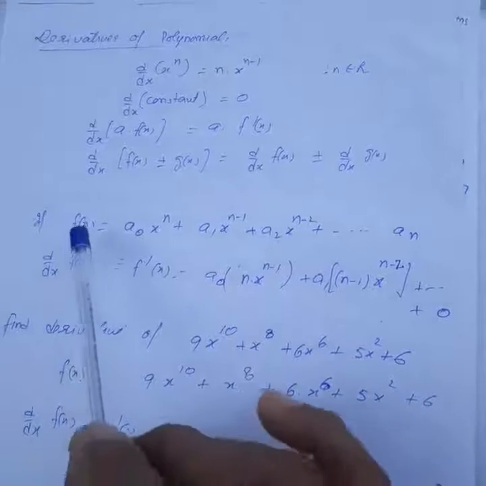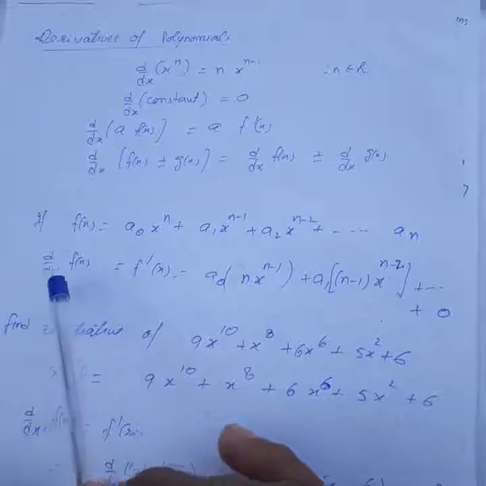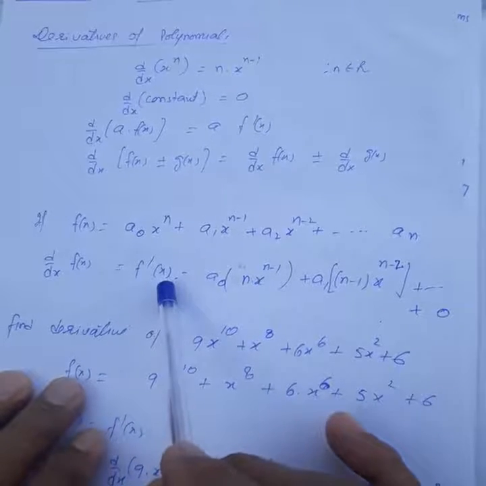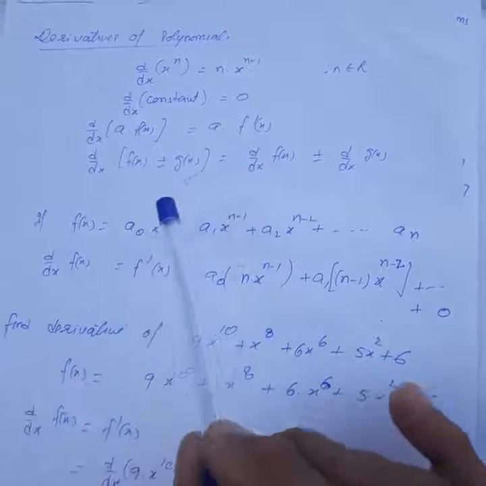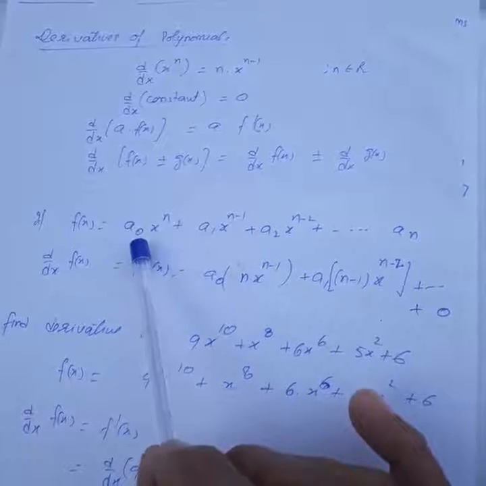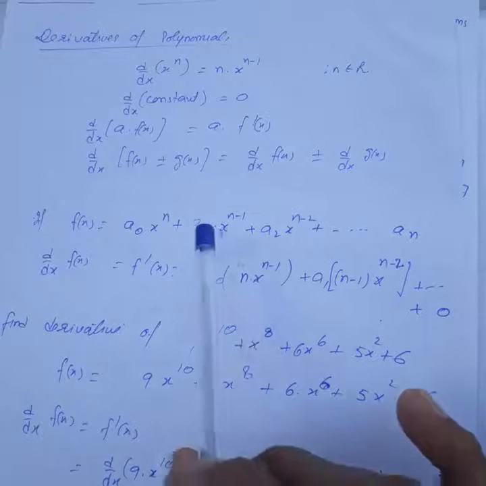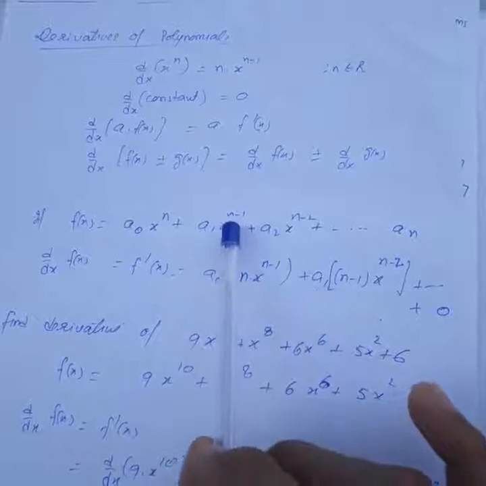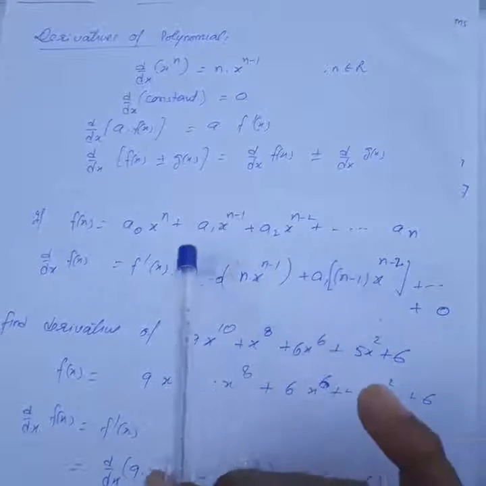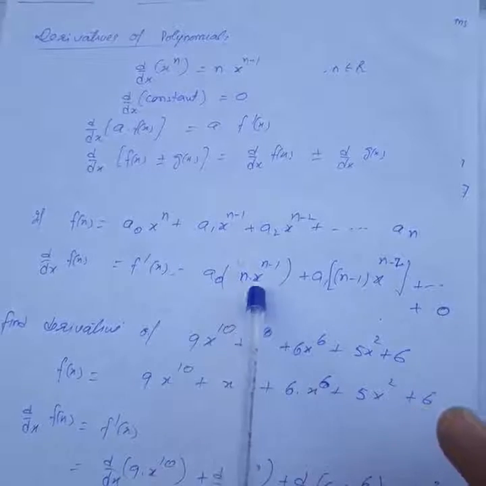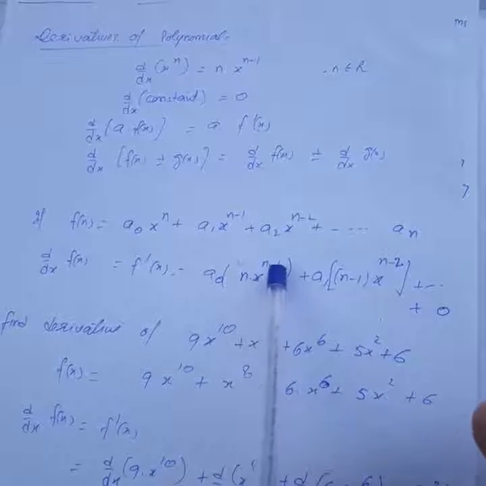So the derivative of f(x), d/dx of f(x), in symbols can also be written f dash of x. Now using the algebra of derivatives, a0 into the derivative of x^n plus a1 into the derivative of x^(n-1). By direct application of the formula, it is n into x^(n-1).